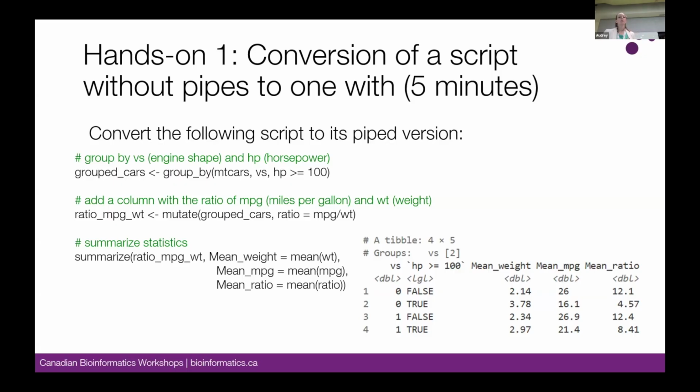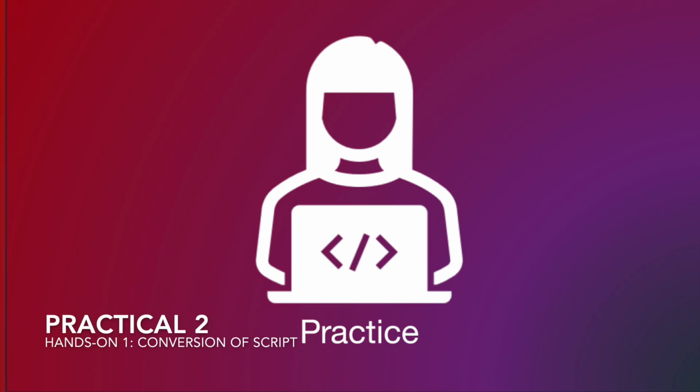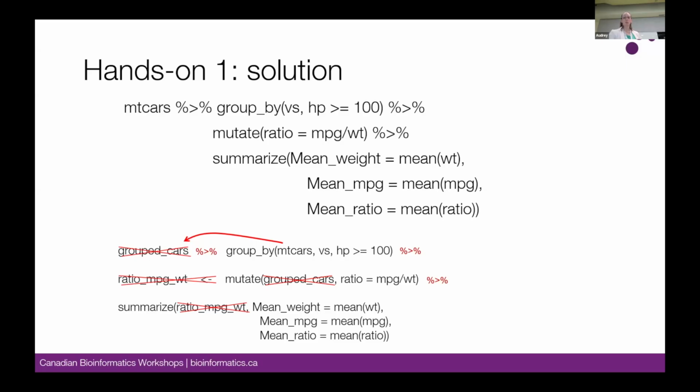Then I add a column that is an operation on 2 of those columns. And then I produce summary statistics. What I'm asking you is to convert this into the piped version. And so we go from this to what is above through all those steps.